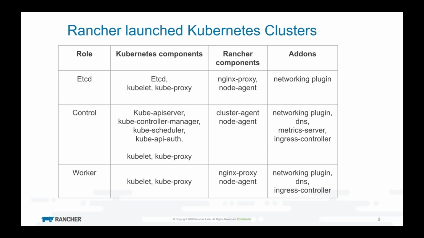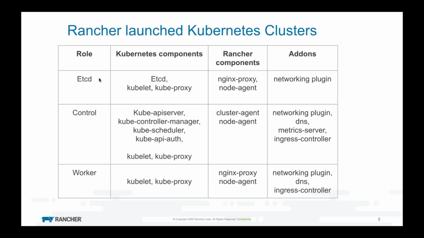When you're creating a cluster through Rancher, you have to assign at least one of these three roles to each of the nodes. The roles are etcd, control, and worker. And based on which role you have selected for each node, Rancher installs the corresponding Kubernetes components.